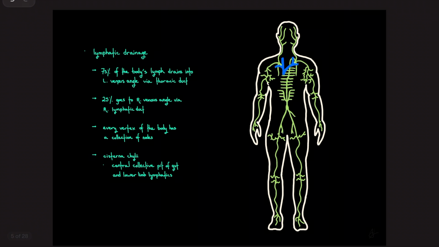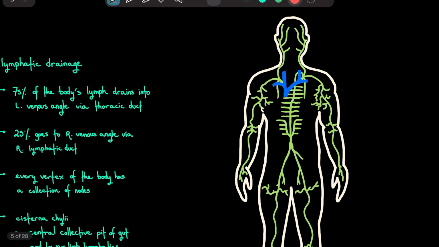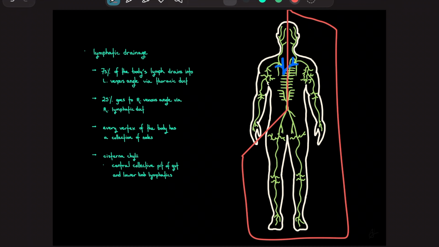And finally, to cap things off, lymphatic drainage. We're going to talk about that all on 4.2, but just to give you a 30,000 foot view. Let's go bigger. There we go. Cool. Everything in this box here has the same ultimate drainage.